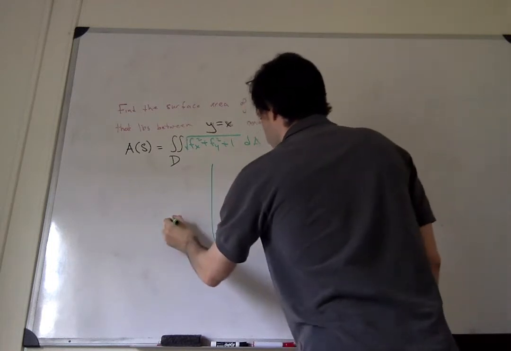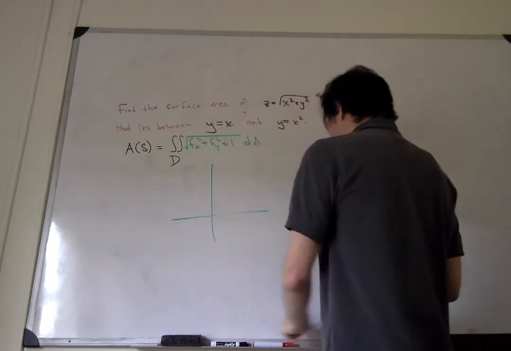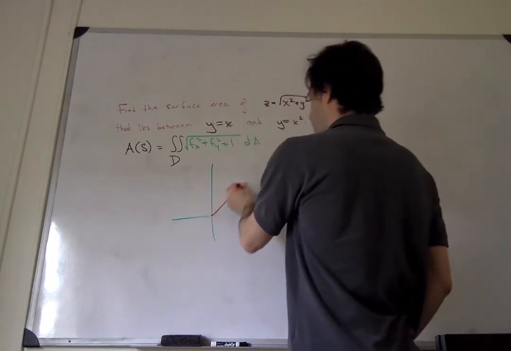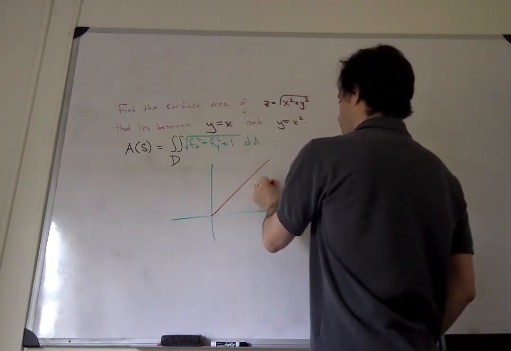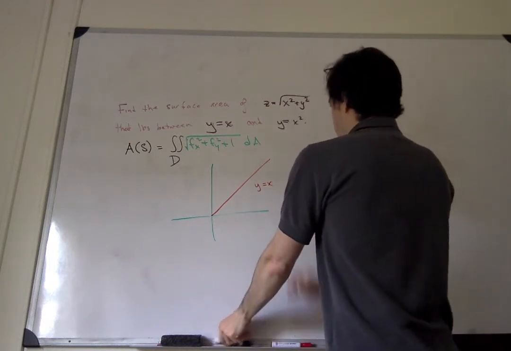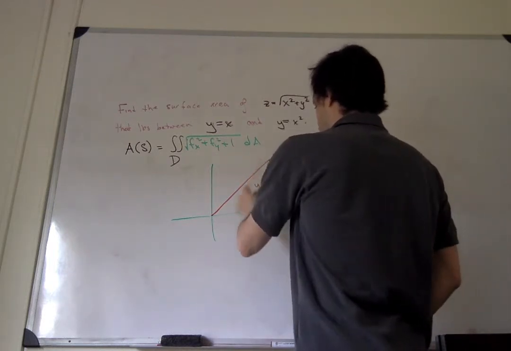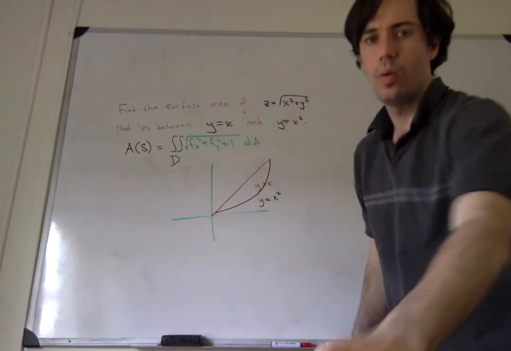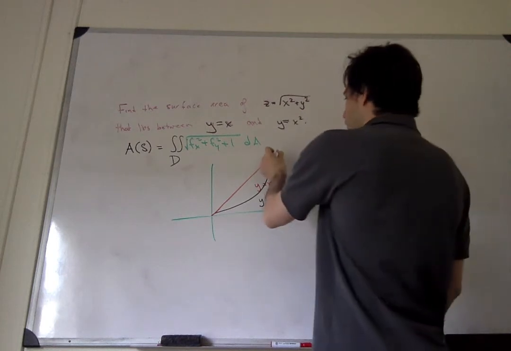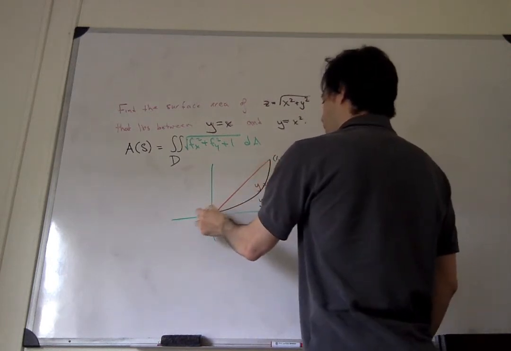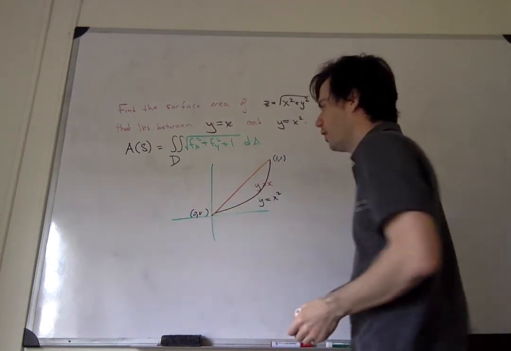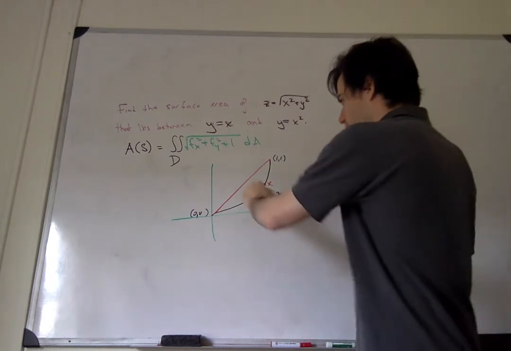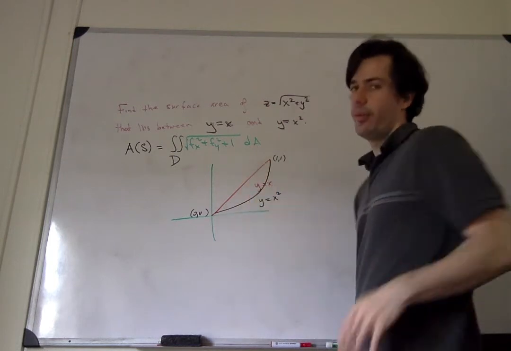Okay, so what is this domain D? Let's draw our functions. Let's say this is y equals x, and this is y equals x squared. Where do they meet? They meet at (1, 1) and (0, 0). So really what we want to do is integrate either this way or this way.